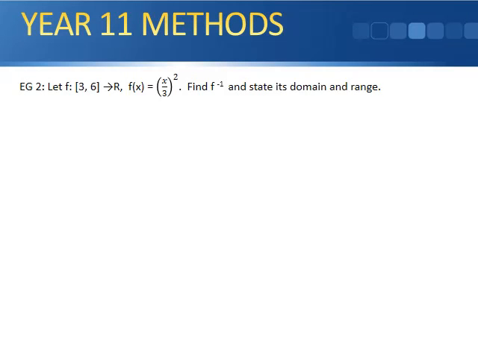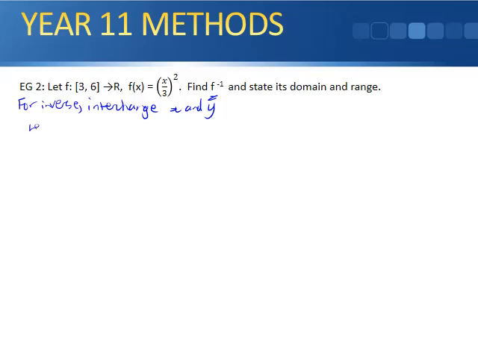Example 2 said let f such that 3 to 6, that's the domain, remember, to reals, which is the codomain, of f of x equals x over 3 squared. Find the inverse of f and state its domain and range. Okay, so remember, for inverse, we interchange x and y, and then we solve for y.